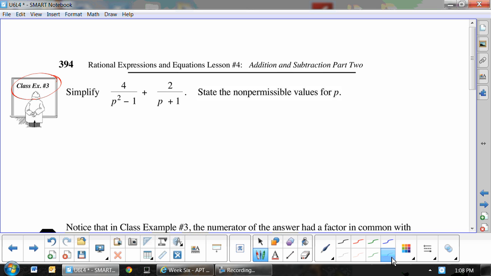Okay, so the first thing we want to do is factor our denominators, right? So this is going to become p minus 1, p plus 1, under 4. It's a difference of perfect squares here. Then we get p plus 1 under 2 on the other side.